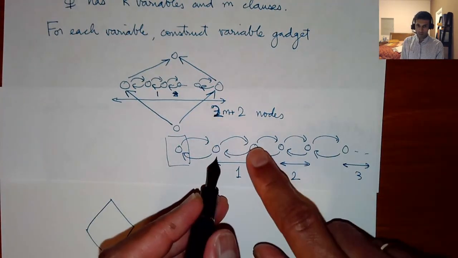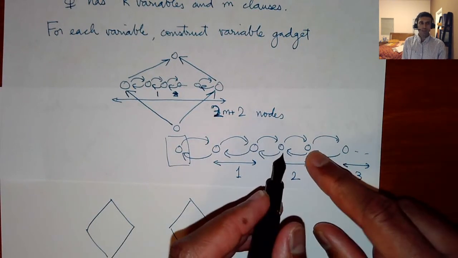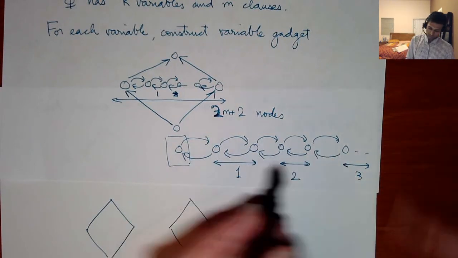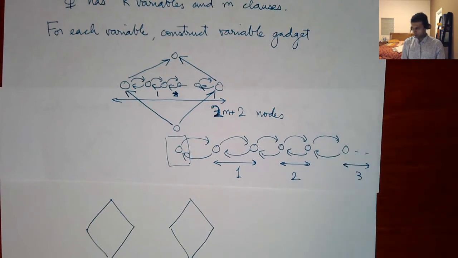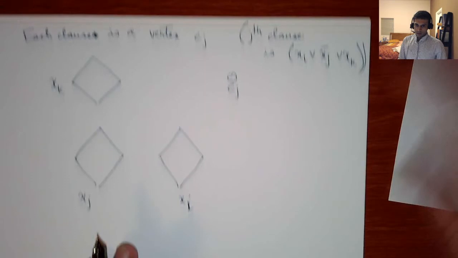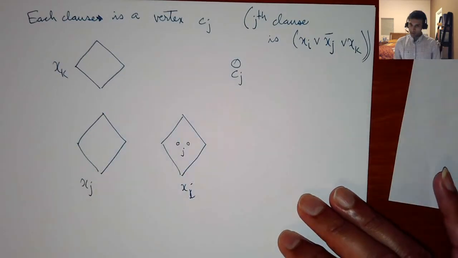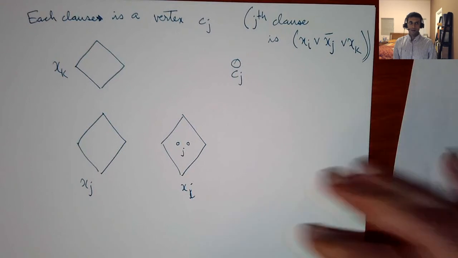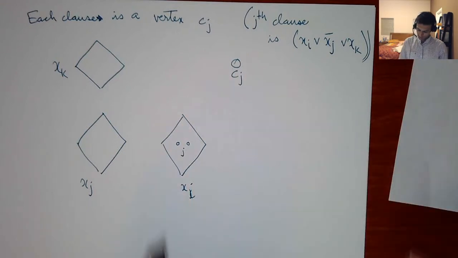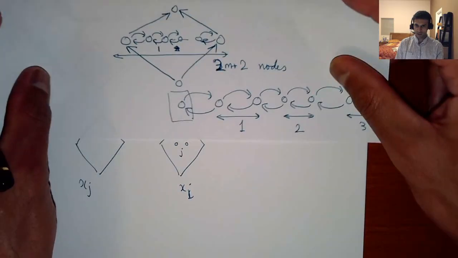So these two will correspond to clause 1. These two will correspond to clause 2. These two correspond to clause 3, so on and so forth. Now I'm going to find the two vertices that correspond to j. My convention is, remember I said one of these is true and one of these is false.